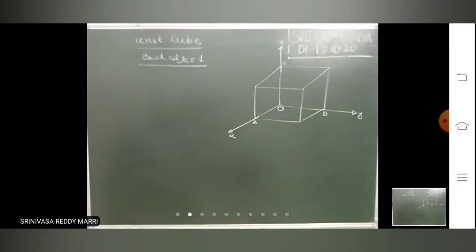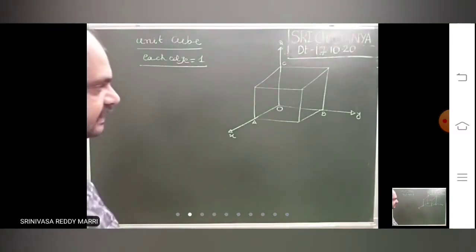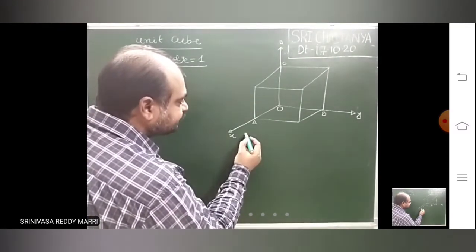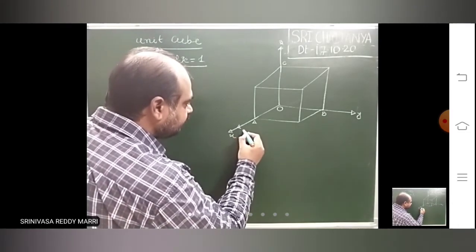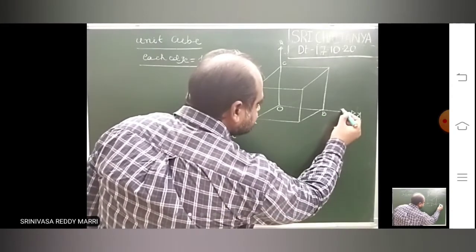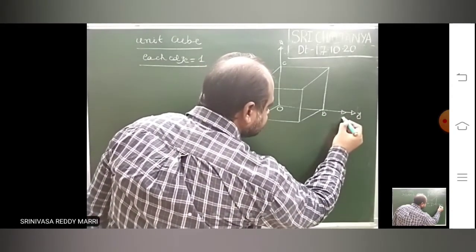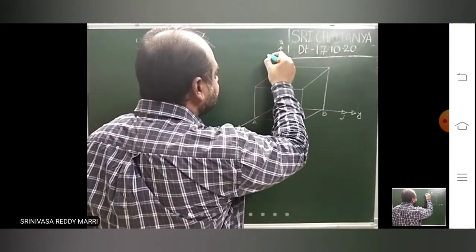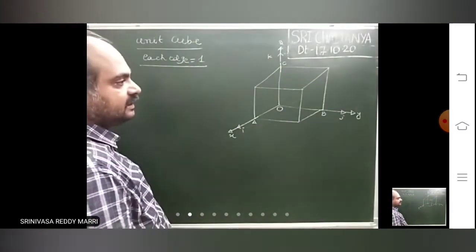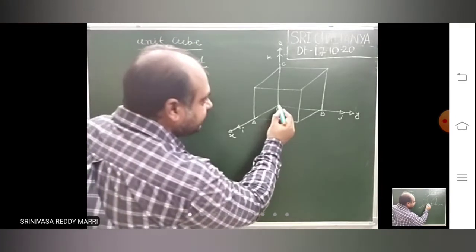They are mutually perpendicular, each of length 1. Along the x-axis the unit vector is i, along the y-axis it is j, and along the z-axis it is k. Each length is 1 unit.